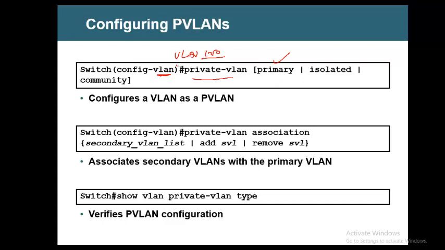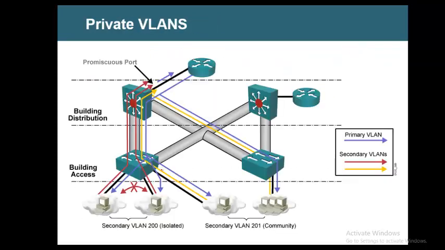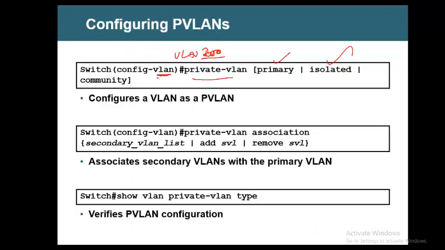And then go out and say 200. Then we'll say isolate, according to our diagram. And then again you go out of this mode. Then you say 201 and then you say community.